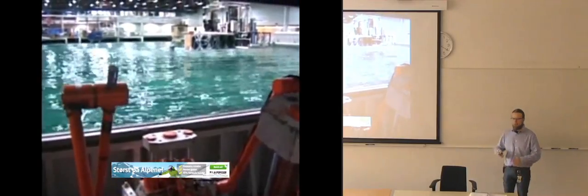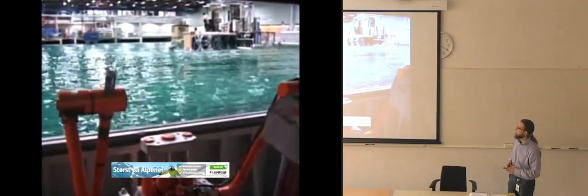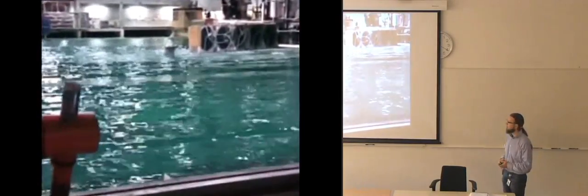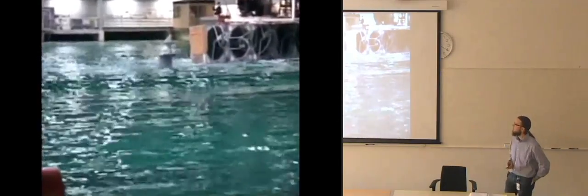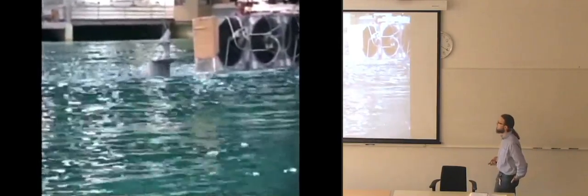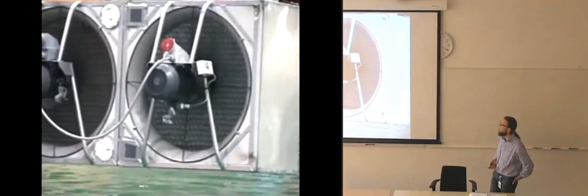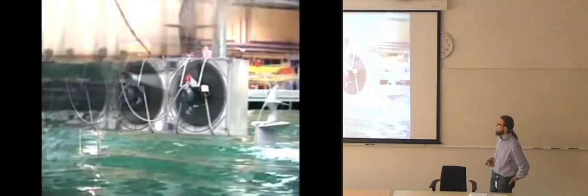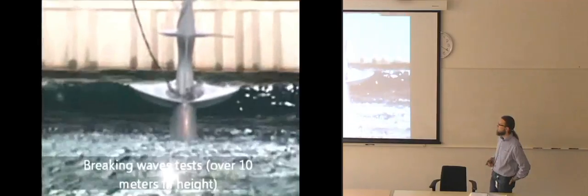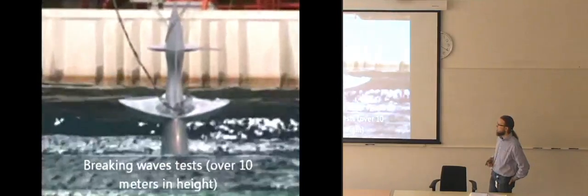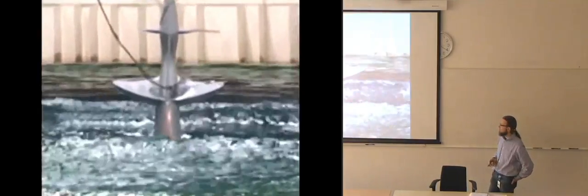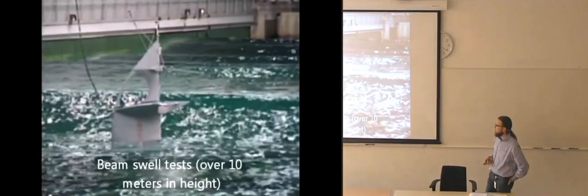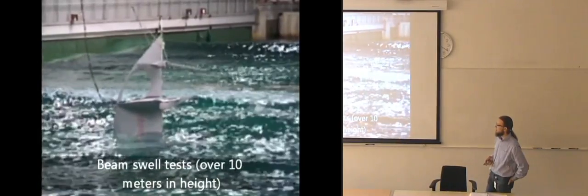It's basically the same system you get in recreational pools with a wave generator. We're also using massive fans to create wind, so that you get that effect also. This would be equivalent to more than 10 meters of wave height, and here we're looking at the waves coming from the side, 10-meter waves.